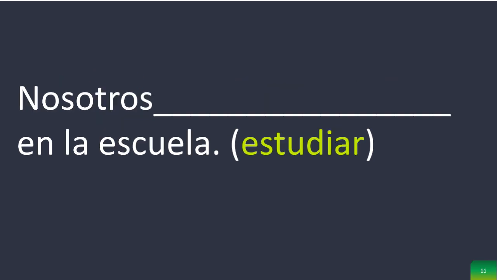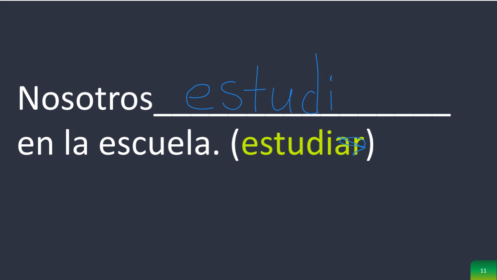Okay, how about this one? Nosotros blank en la escuela. We're going to put the verb estudiar in the blank, which is to study. So we study in the school is what we want to say. We know that we want to get rid of the AR. So we can go ahead and put the first part of that verb in our blank.